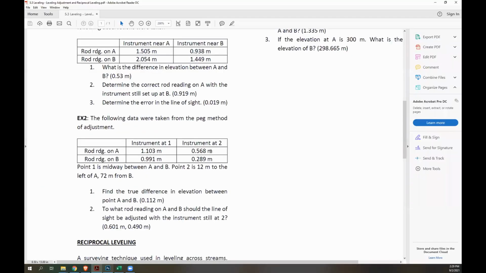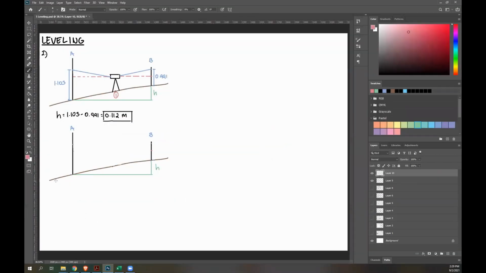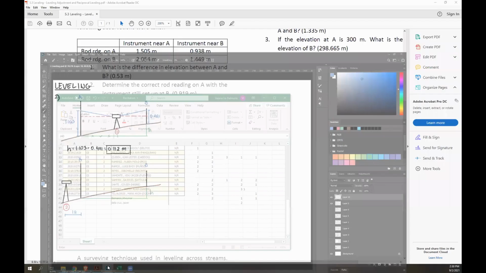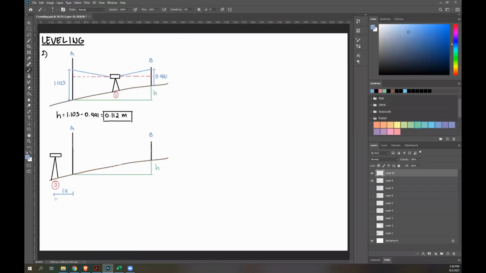Position 2, let's see. 2 is 12 meters to the left of A. So to the left of A, somewhere here, this is where your point 2 is. So let's draw the distances. This is 12 from A. Another is 72 meters from B. So this is your point B.